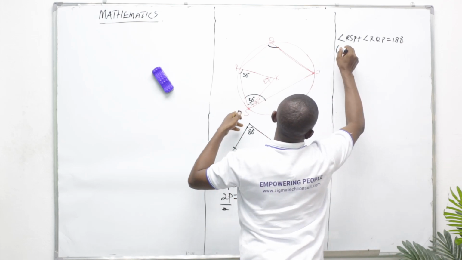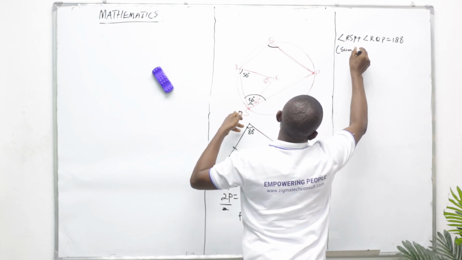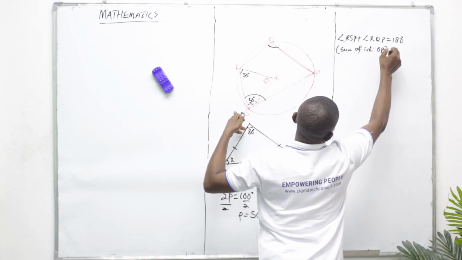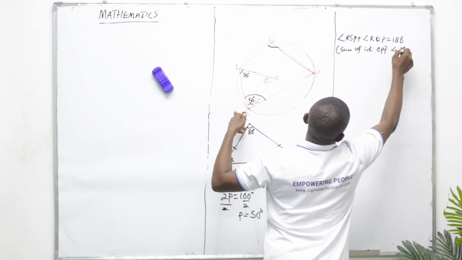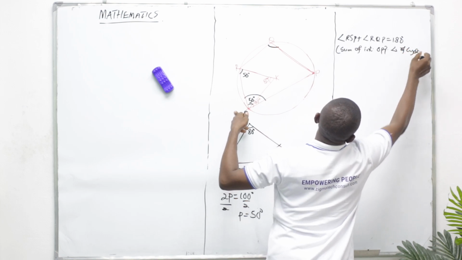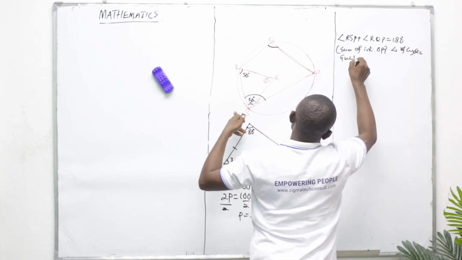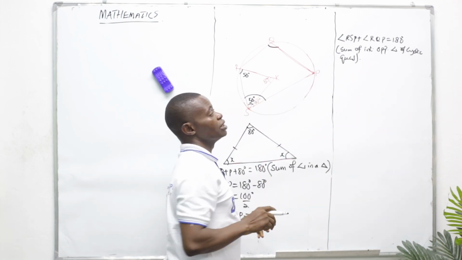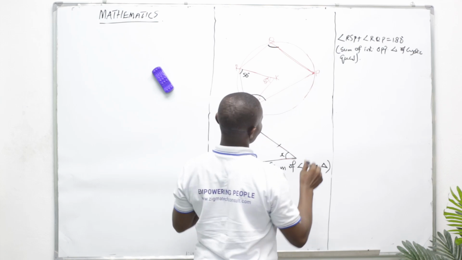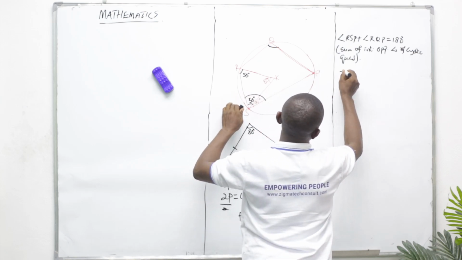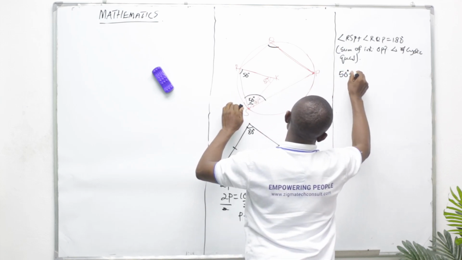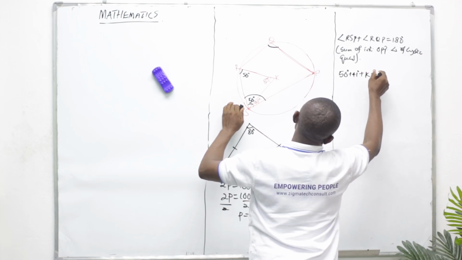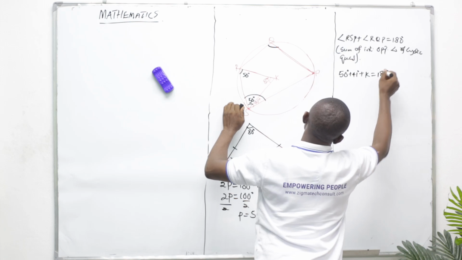Reason: sum of interior opposite angles of a cyclic quadrilateral is what? 180 degrees. So at this point, we have to say that 50 degrees plus 41 degrees plus the one you don't know, I call it k, equals 180 degrees.